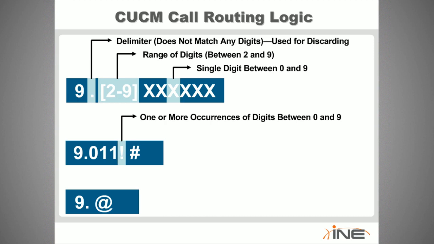This is similar to a regular expression plus, but not exactly. A plus in regular expression matches one or more of the preceding digit. This just matches one or more occurrences of any digit between 0 and 9.